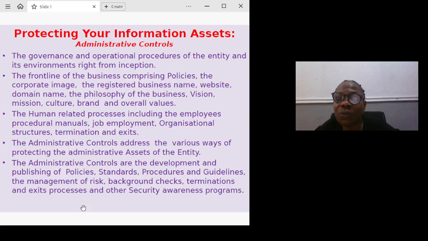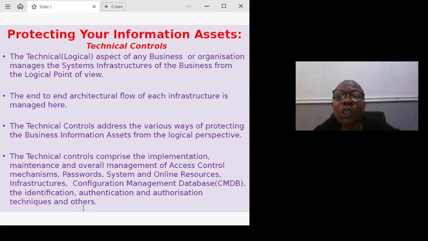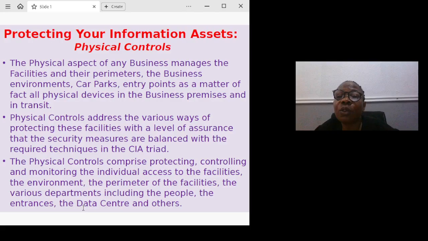What administrative controls entail, what technical controls entail, the logical flow around your system, and they comprise implementation, maintenance, and overall management, your access control mechanisms, your passwords, all the techniques and mechanisms around them, they all fall under your technical controls.